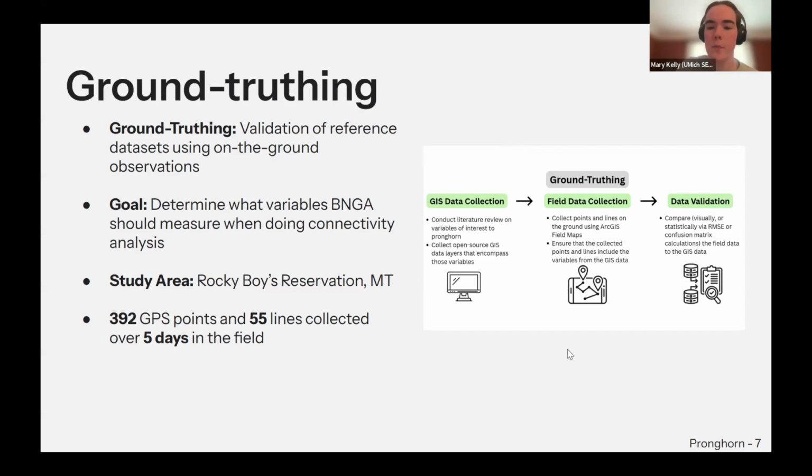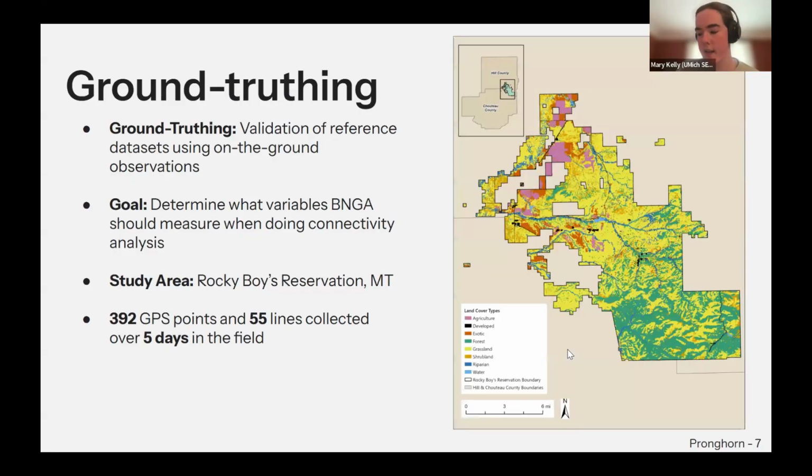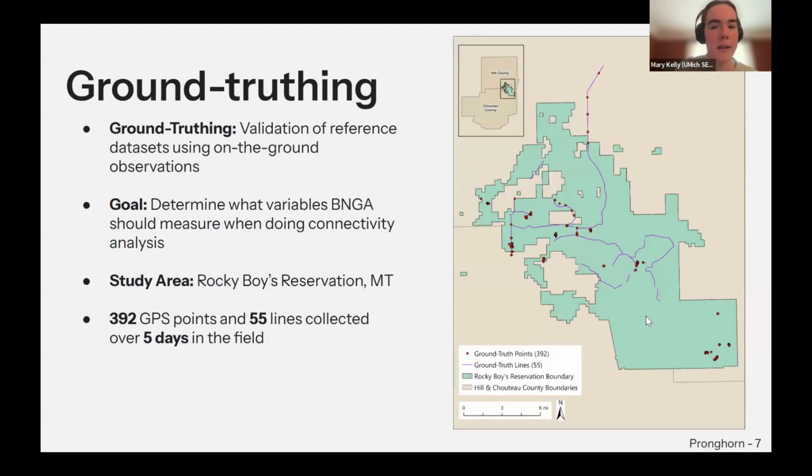And so we went to Montana, to Rocky Boy, and we collected 392 GPS points and 55 lines using our phones that were connected to some GPS units via Bluetooth. And you can see all of those on the map here.